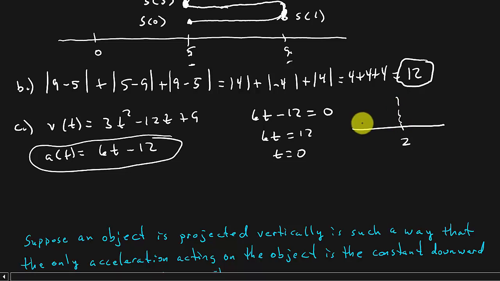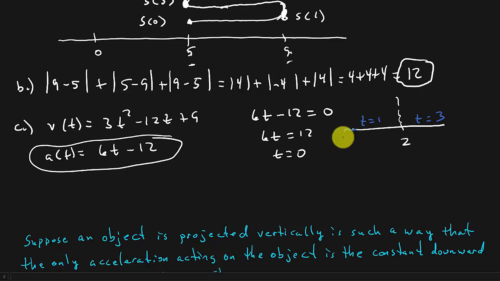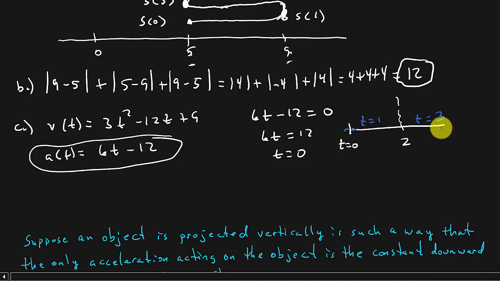So I'm going to do the same thing. I've got t equals 1, t equals 3. All right. And then, of course, over here, we're concerned with t equals 0 to t equals 4. That's what we're looking for. So we got these two regions right here.